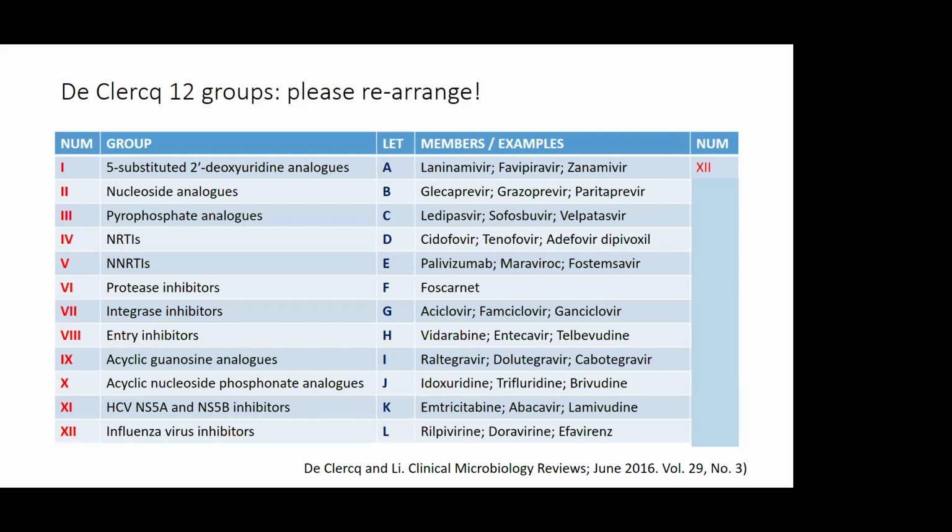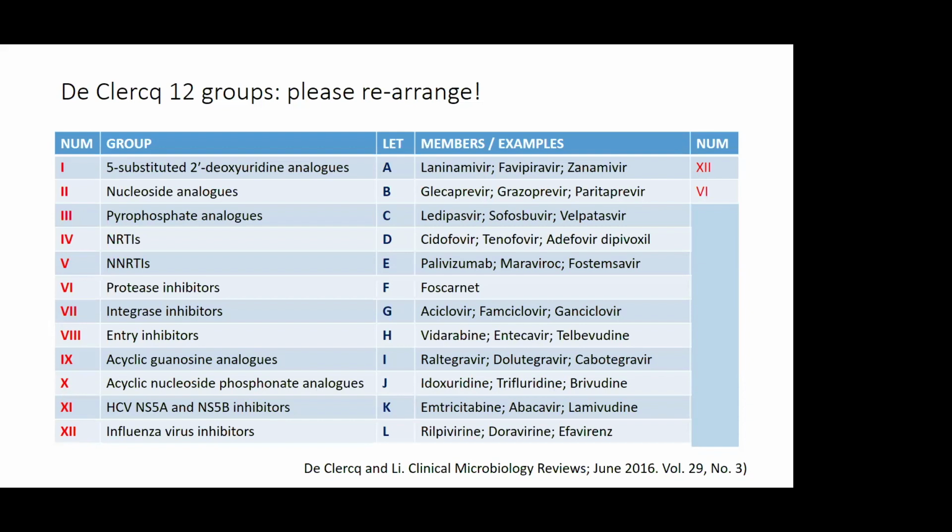That's one of the problems with this classification. These are protease inhibitors, and when you see PR in the middle of the word, like previr, paritaprevir, grazoprevir, you know this is a hepatitis C protease inhibitor. So this is actually class or group 6 in this classification.